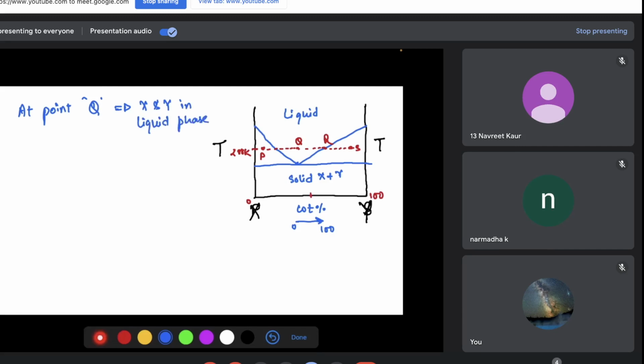As given in the question, the starting point is P, and then Y is added until the composition reaches S. My starting point is P, and P lies between a solid and a liquid region. So this region is not pure solid or pure liquid.